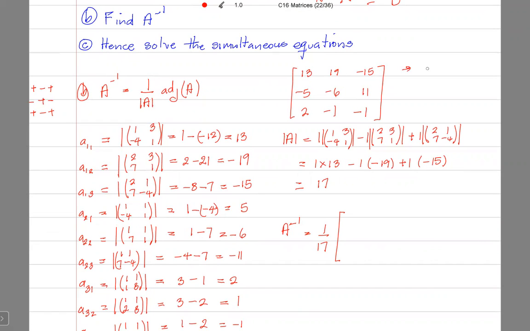So this is the matrix of cofactors. If we transpose it, we're going to get 13, 19, minus 15, minus 5, minus 6, 11, 2, minus 1, minus 1.